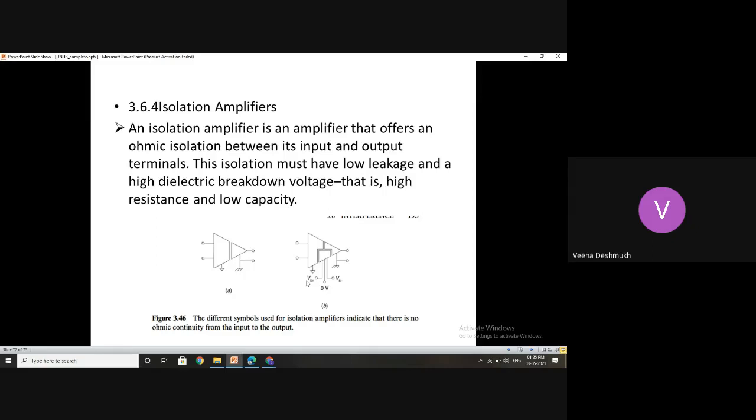Instead, it should be given to a proper network where the amplification is required. So under such cases, the isolation amplifiers simply wait and transfer the input from one end to another end with the proper impedance matching.